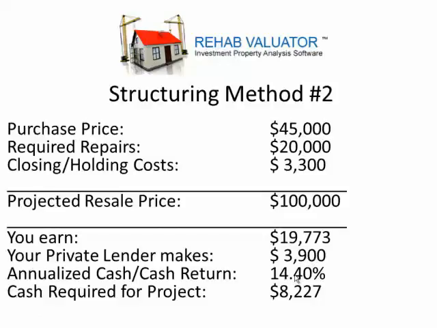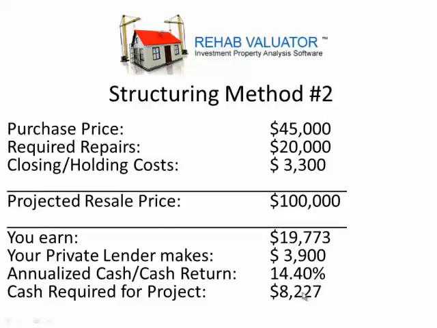And this isn't even on their money. Again, remember what I said. Your private lender writes you a check out of their equity line. So they're making a 14.4% cash-on-cash return, but it's not even on their cash, it's on their bank's money. This is the beauty of this strategy. Your cash required for the project is higher, $8,200.